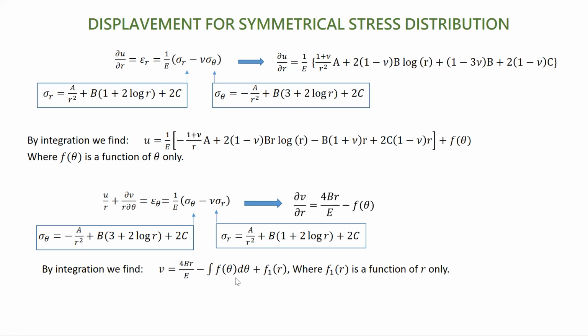Now integrate that expression, and we end up with this equation. So we have two unknowns, f1 and f, where f is a function of theta and f1 is a function of r, that need to be calculated.